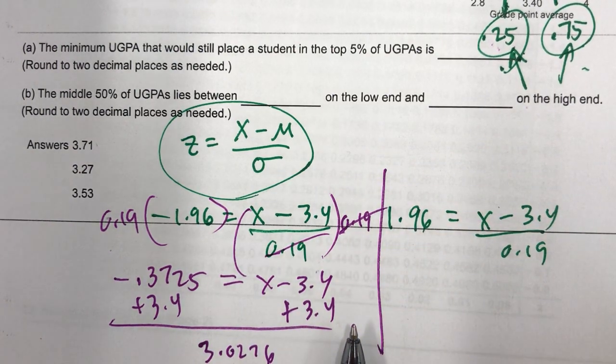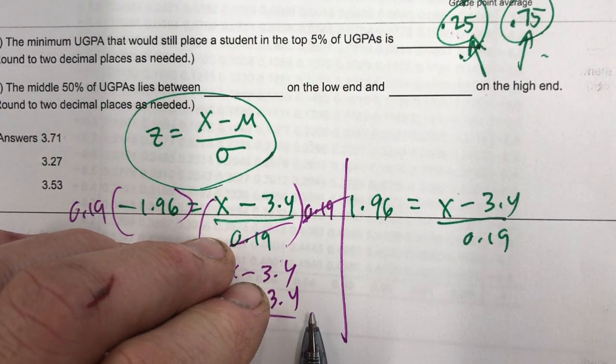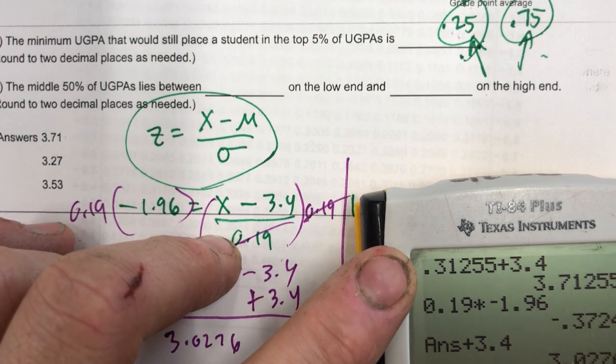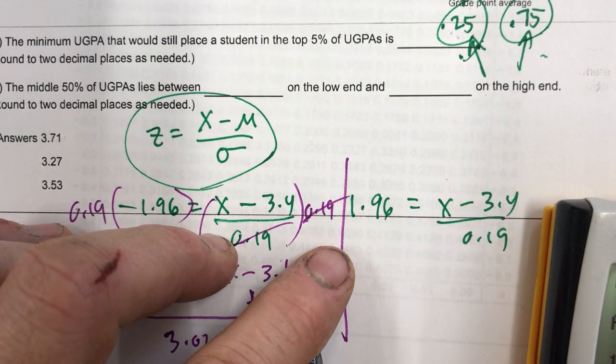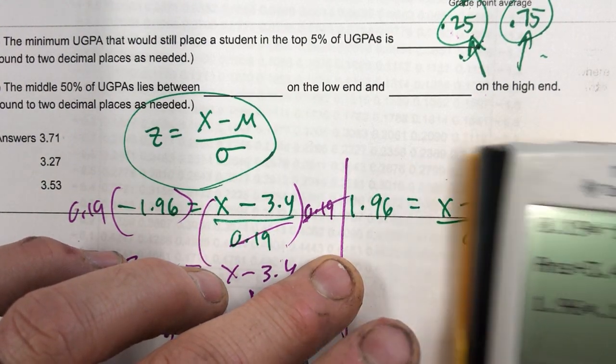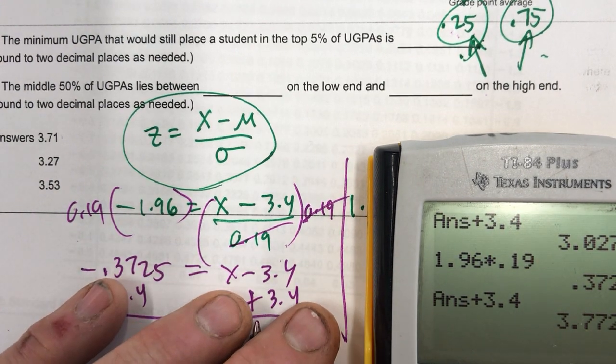Yeah, I don't know. Let's do this one, see if we get it right. So I'm going to do positive 1.96 times 0.19, and I get 0.3724 positive, and then I add 3.4, 3.77.